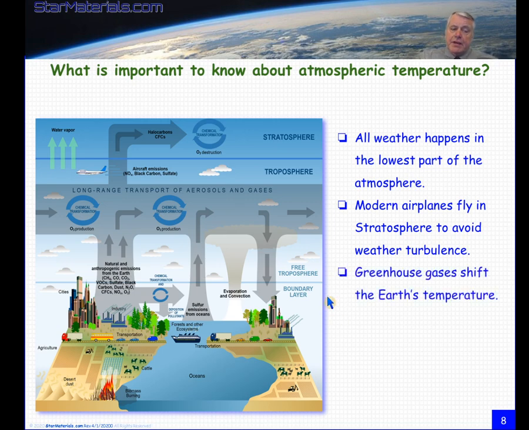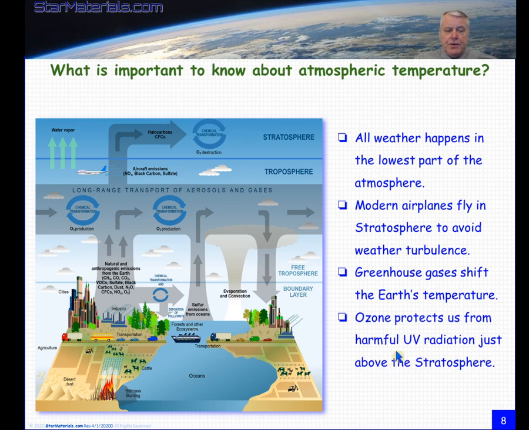Now, greenhouse gases shift the Earth's temperature. So you have hydrocarbons, CFCs, chlorofluorocarbons. They all affect the greenhouse effect. They change the amount of energy that's bounced in the atmosphere.